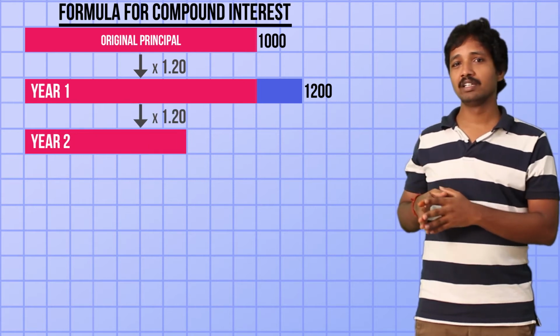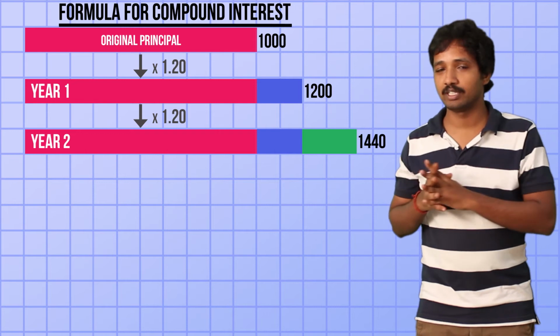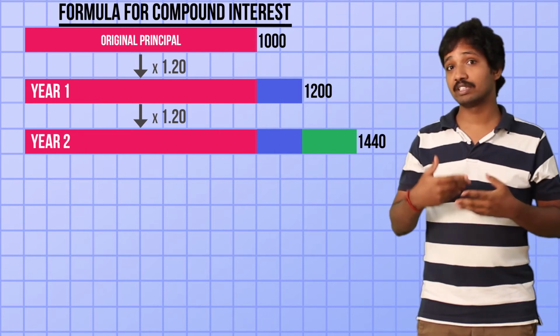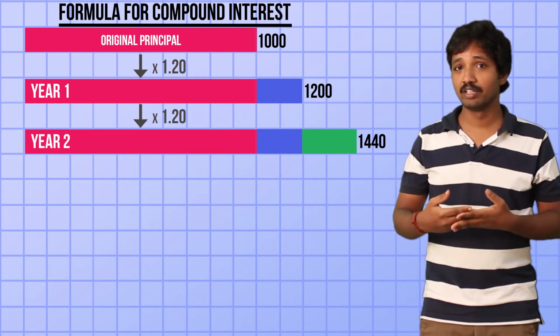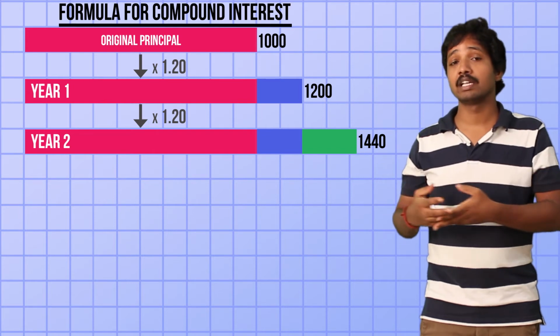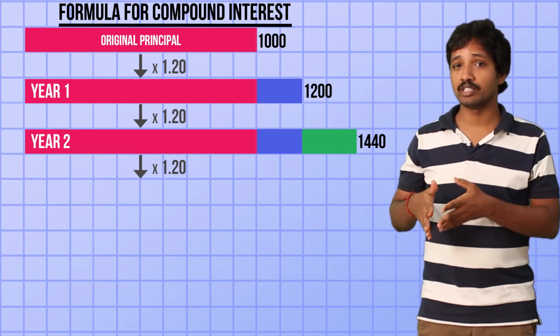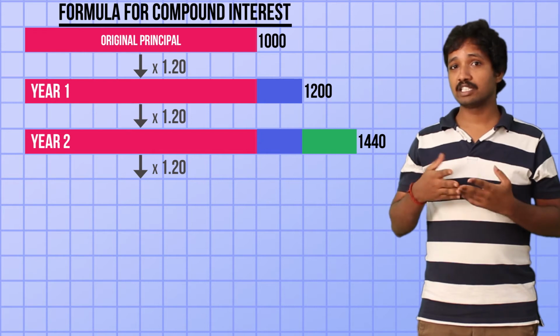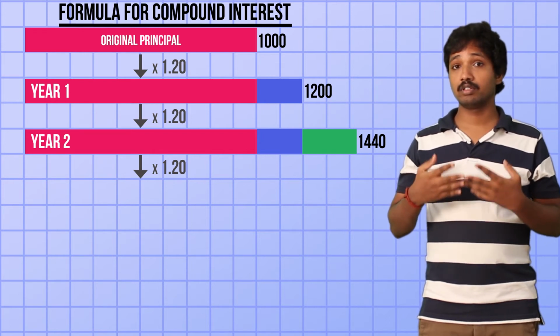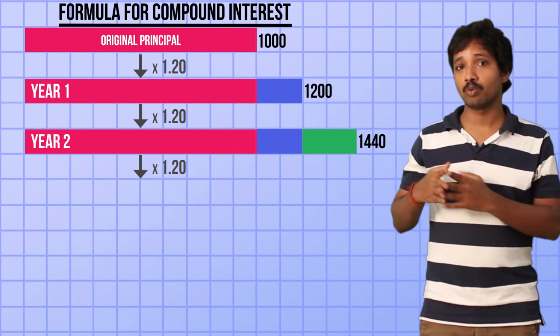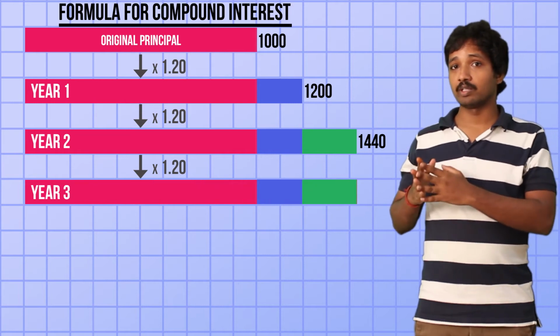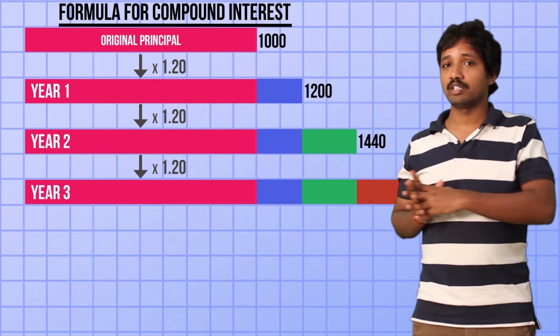The amount would be 1440. For the third year, again we take 1440 into 1.2, that is 1 plus the decimal number of the interest rate 20%, 1.2, which is equal to 1728.